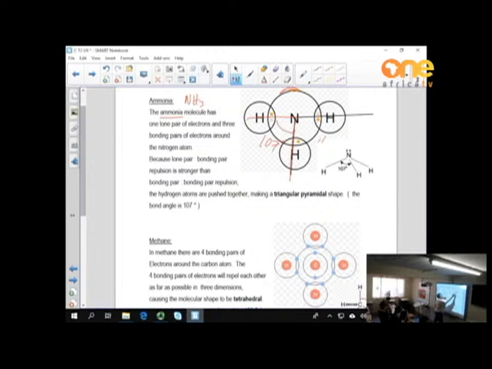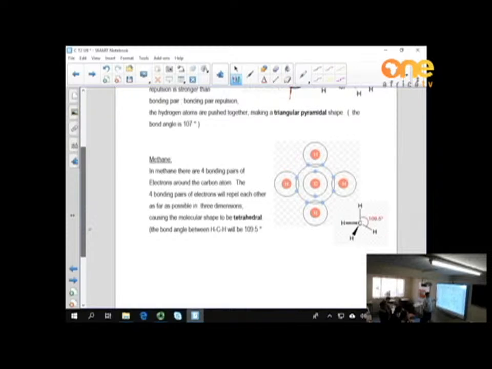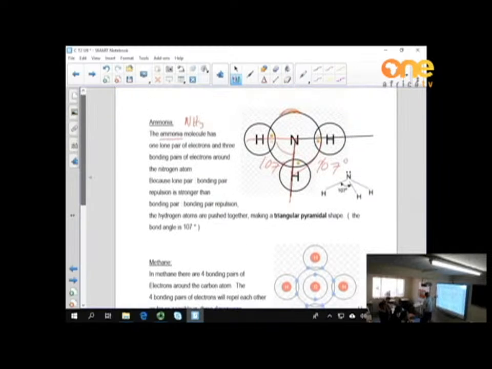Same over there as well, 107 degrees. The shape of the ammonia molecule has a single atom over here and 3 on the bottom forming a triangular base. We call that triangular pyramidal or just pyramidal.